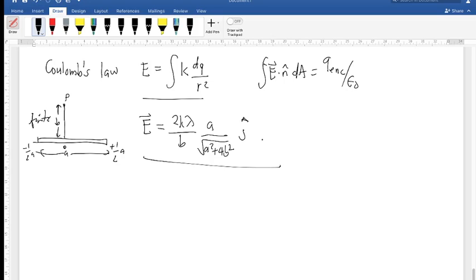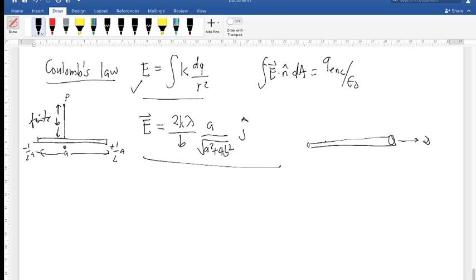Okay? So that is the advantage of Coulomb's law: even if we don't have enough symmetry for our charge distribution, we can use Coulomb's law with or without symmetry. So, using Gauss's law, the line charge goes to infinity.